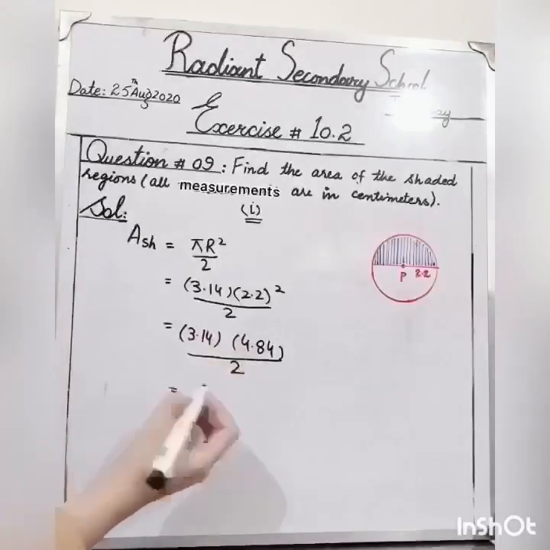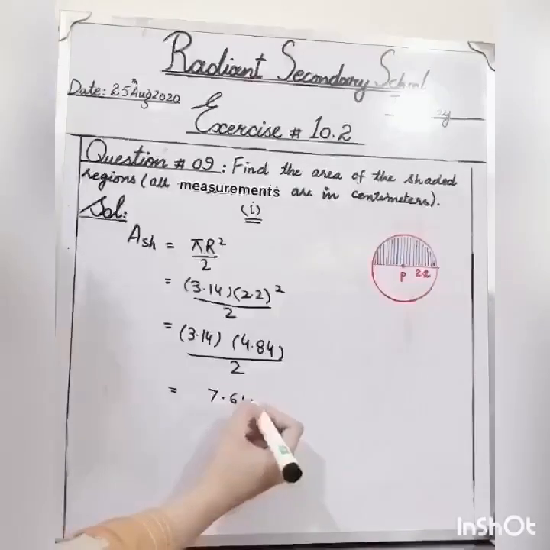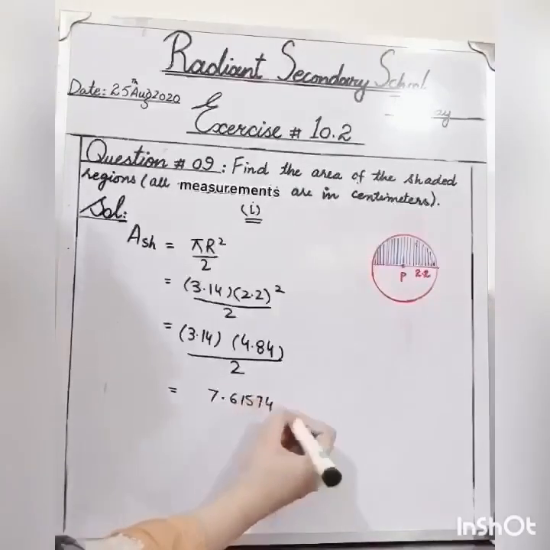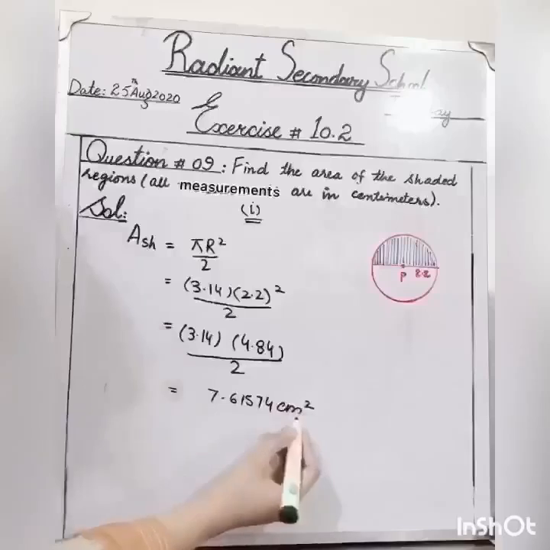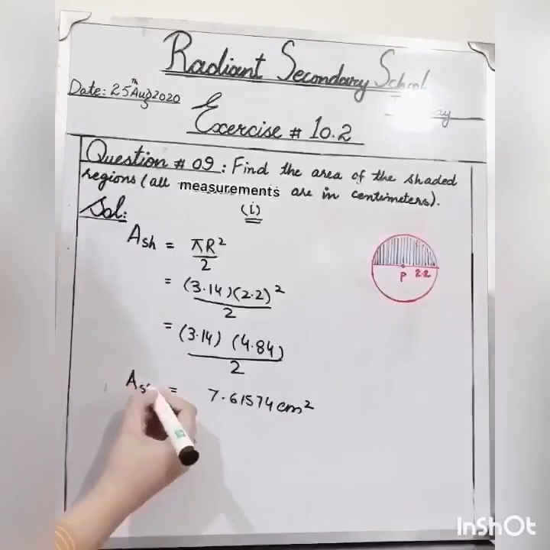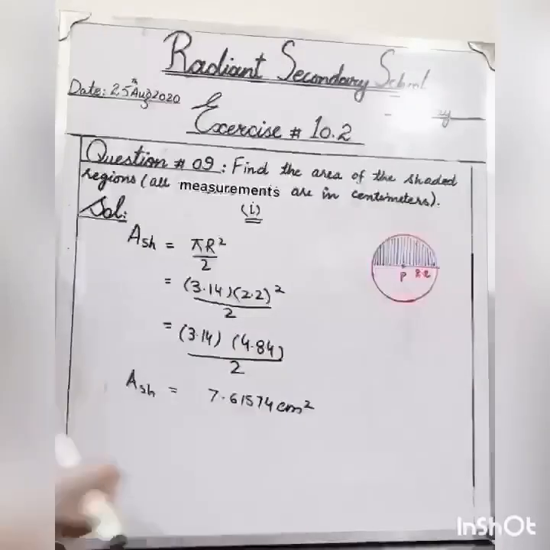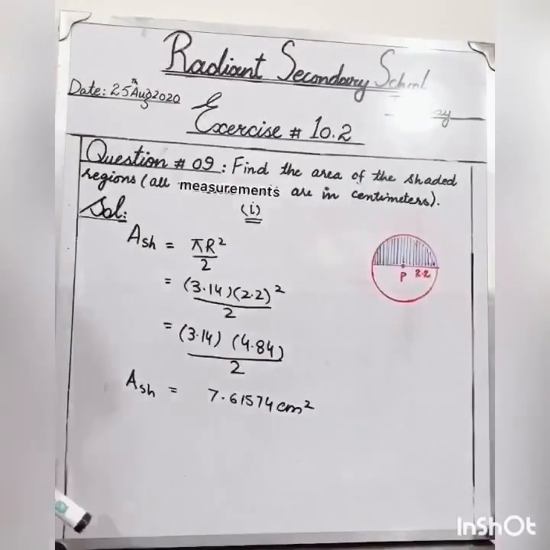So your answer will be 7.61574 centimeter square. This centimeter square is the unit of area. So here the area of this semicircle, this shaded region, is 7.61574 centimeter square.